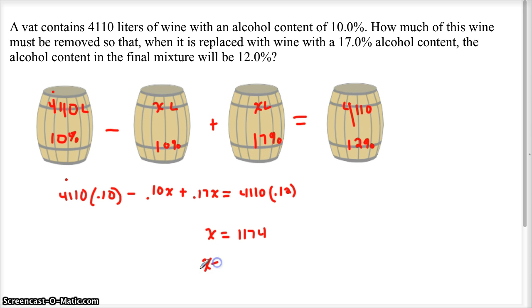So my final answer should be that I have to remove 1,170 liters of the wine. And then again, you're just going to replace it with 1,170 liters of the wine that's 17%.